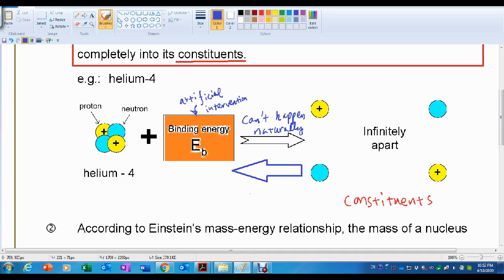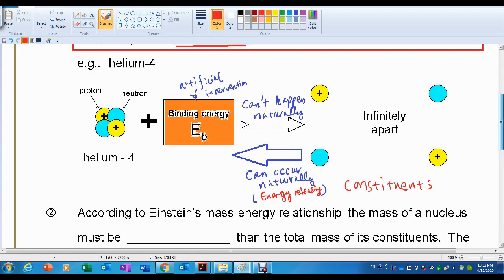So this can occur naturally, because it's energy releasing. Any reaction which can release energy can occur naturally. Otherwise, it can't.